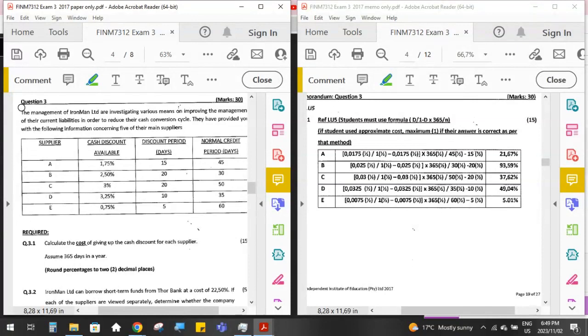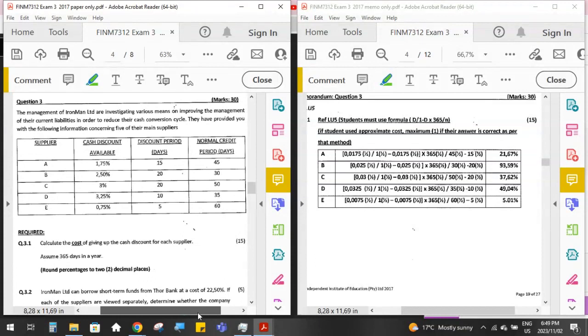So if you have a look at the question here, question 3, the management of Ironman Limited are investigating various means of improving the management of their current liabilities in order to reduce their cash conversion cycle. They've provided you with the following information concerning 5 of their main suppliers.